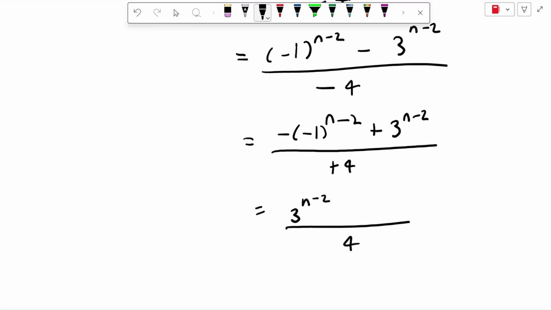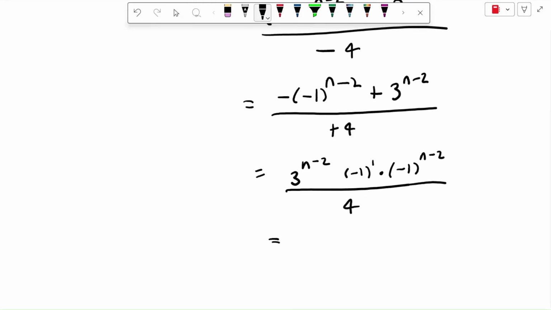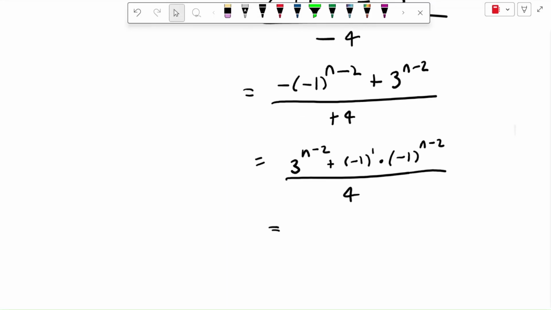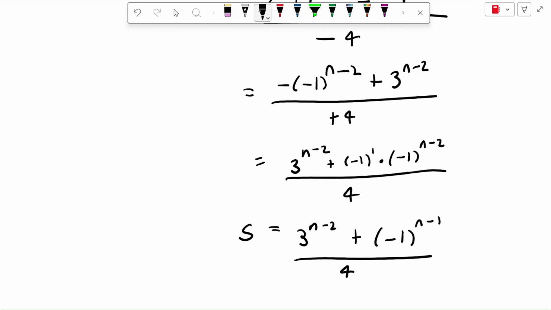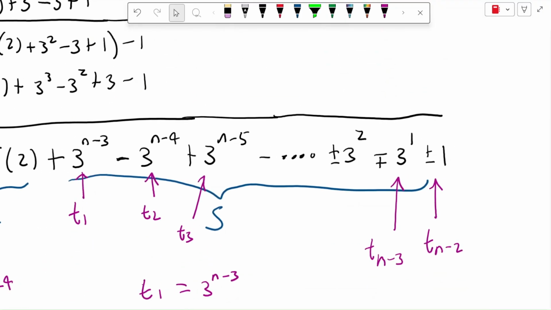This would be negative 1 to the power of 1 and negative 1 to the n take 2. So you can just add those powers with a plus there. So that's 3 to the n take 2 plus negative 1 to the n take 1. So that's S. Now, S is the sum of that big sequence there. That's what I've called S.